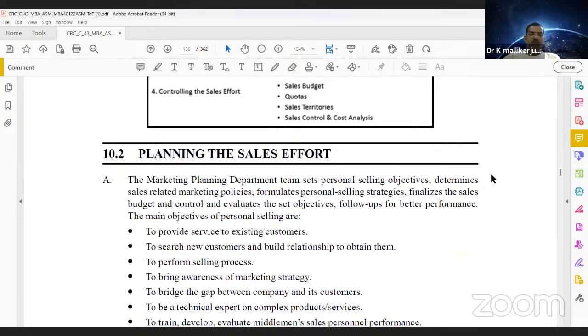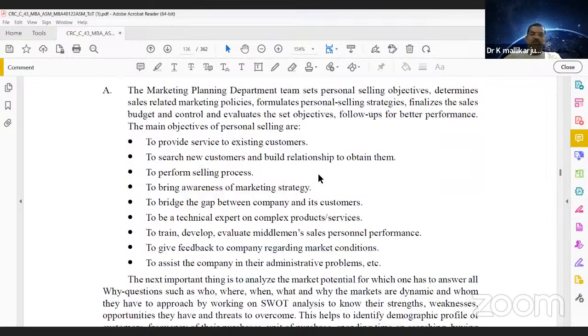Now we enter 10.2, planning the sales efforts. In sales management, the marketing planning department team sets personal selling objectives and determines the sales related marketing policies, formulating personal selling strategies, all under this.